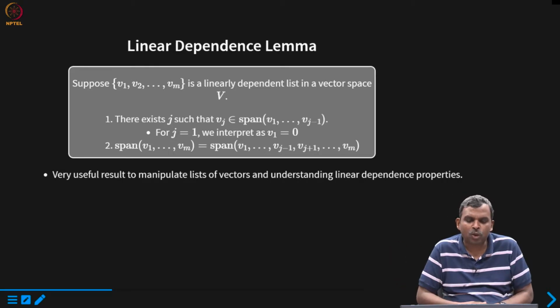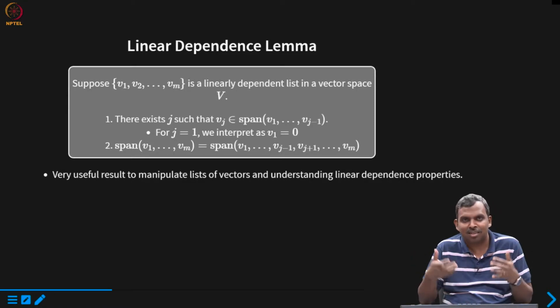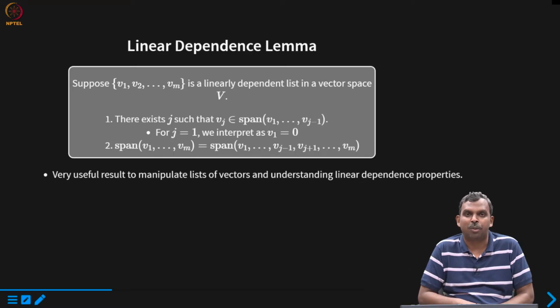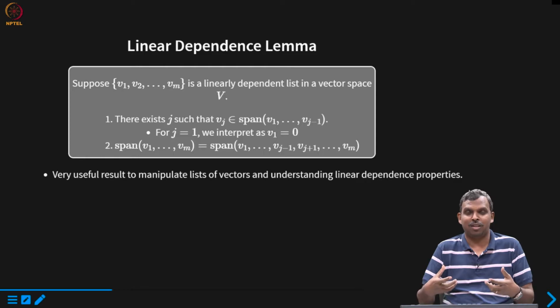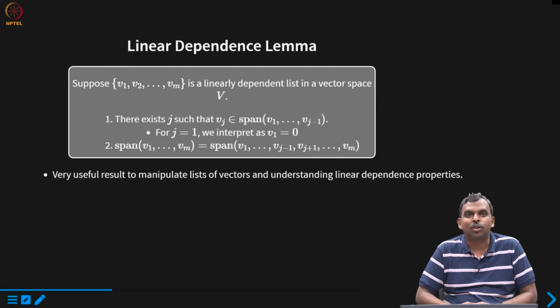By itself, it will look like a simple result. You might read it and think, what's the big deal in this result? It's a very fair reaction. A lot of people will have that reaction, but it's very useful. You'll see in various other results, at least in this class, I will end up using this lemma again and again, and it's a very powerful result to have.